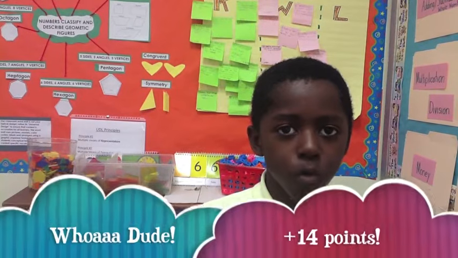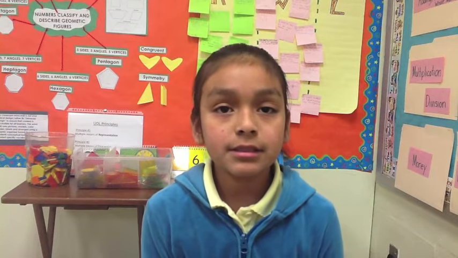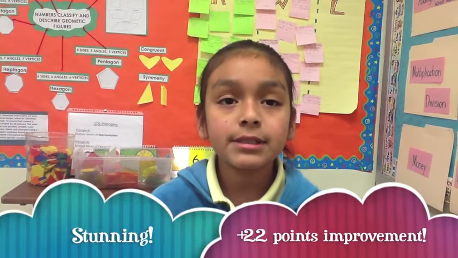I went up 14 points. My score was 41% of basic. My FAST 2 score was 63% proficient. I improved 22 points.